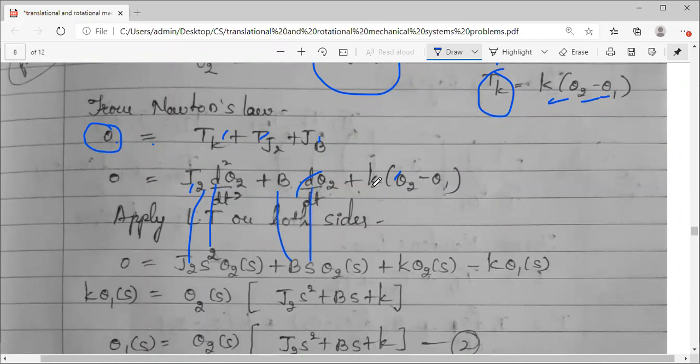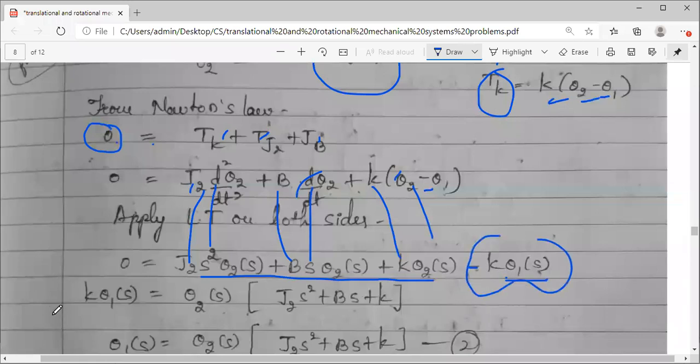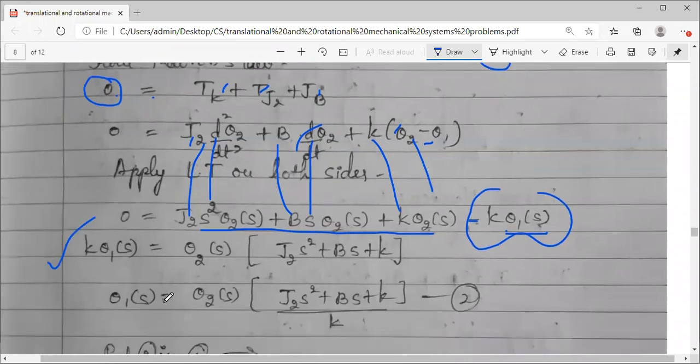B, single differentiation, S will come, plus constant K, theta 2, and I have just expanded this, minus theta 1. Okay, now again I can rearrange this equation. If you see the equation, we have theta 2, 3 terms, and there is one theta 1 term. So I can take this on the other side. So we can equate it. And from this equation, I think I can find out what is theta 1.